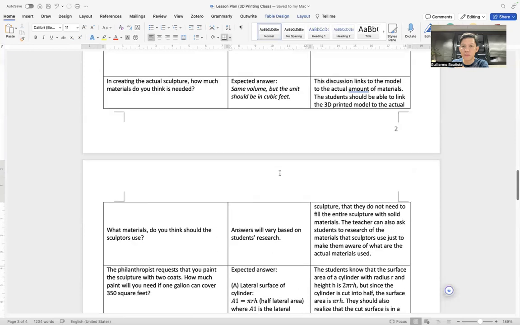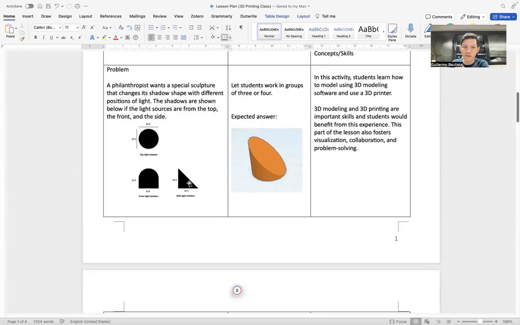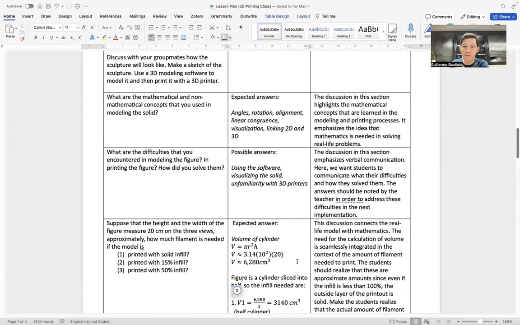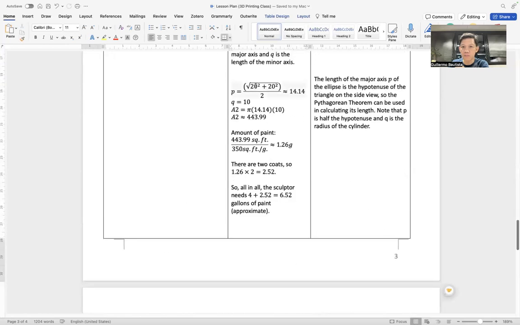So here the length of the major axis can be found because this is a right triangle. So you can calculate the length of the major axis with the Pythagorean theorem, and the length of the semi-major axis will be half of this. So that's why when we calculated here, this is the Pythagorean theorem, and then the answer divided by 2, we have 14.14.